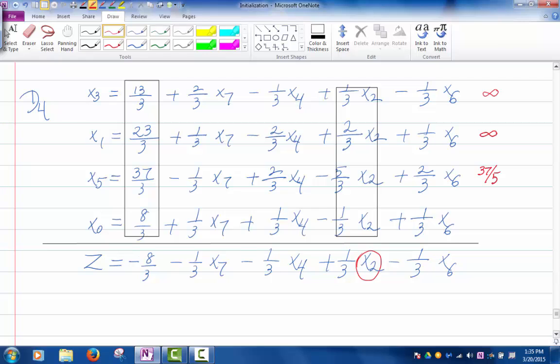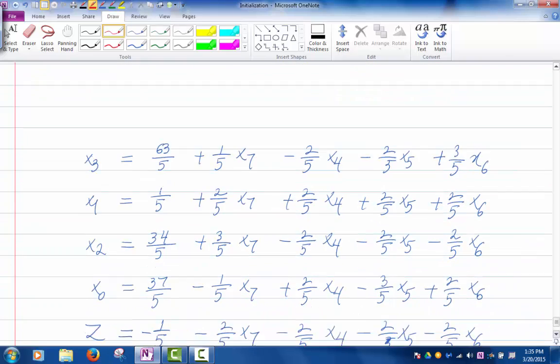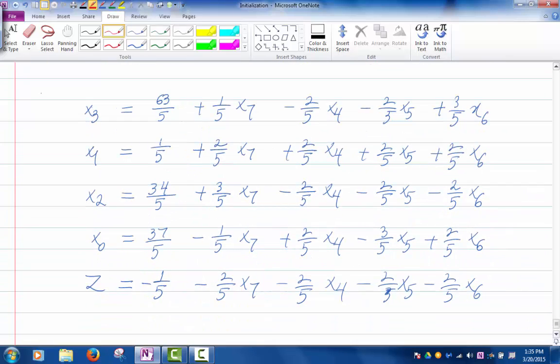And then in the last row, 8/3 over 1/3. So what is that? 8. Which one is smaller? 37/5, right? Because that's 7 something. So this is the leaving. Okay, so that was D4, and then you write down the next dictionary, D5.